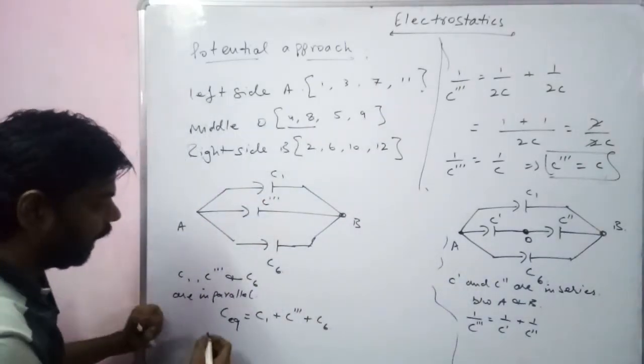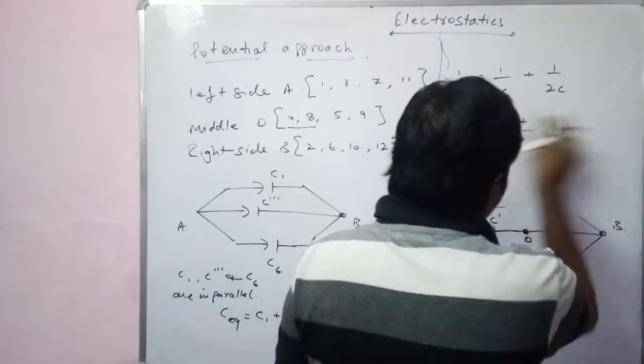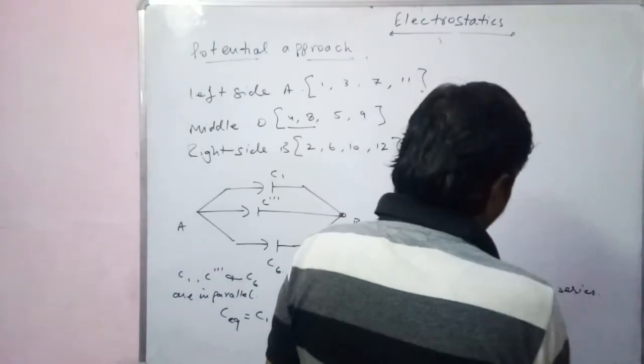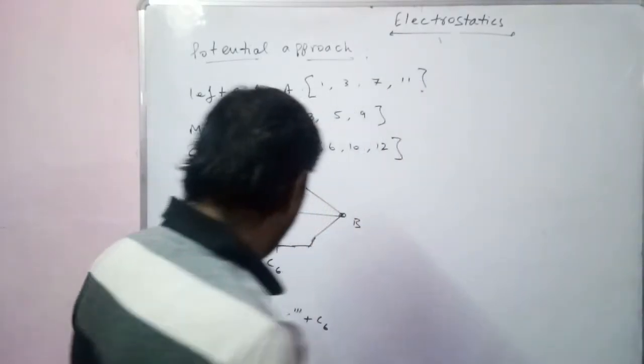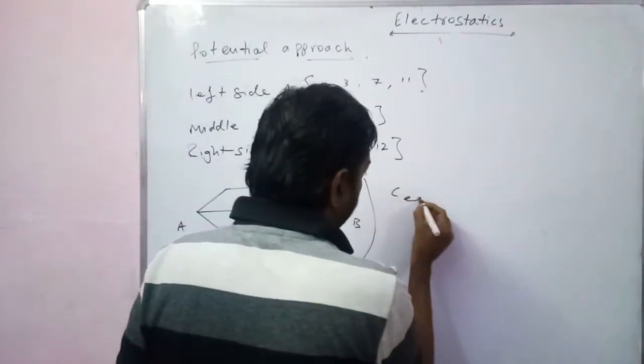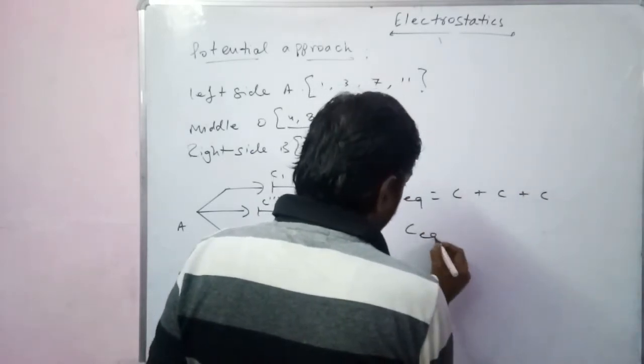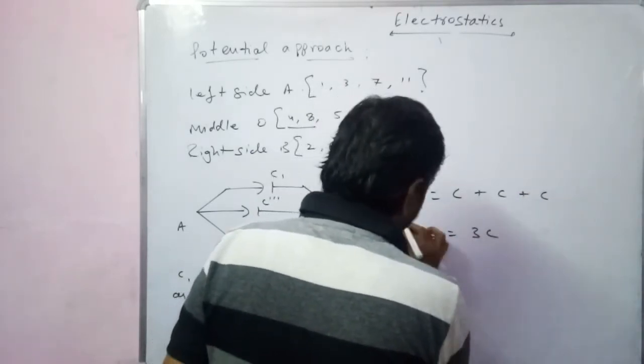The C equivalent can be written as C plus C plus C. So C equivalent is 3C. So it will be the answer.